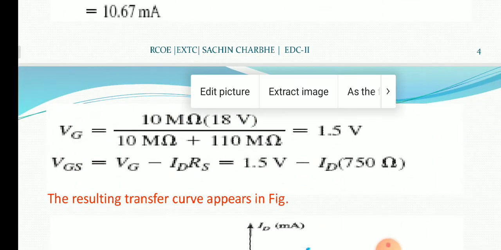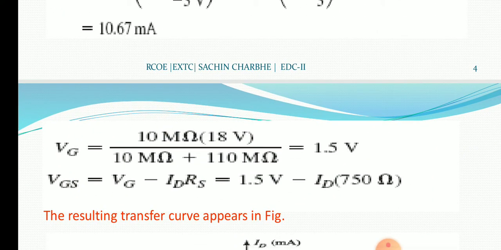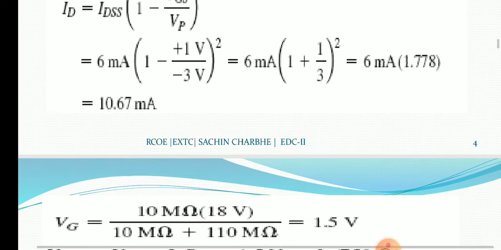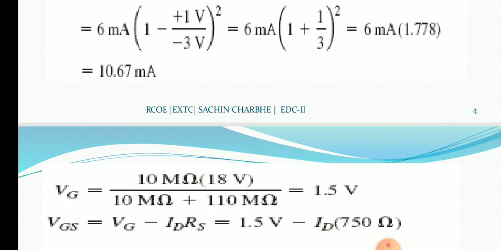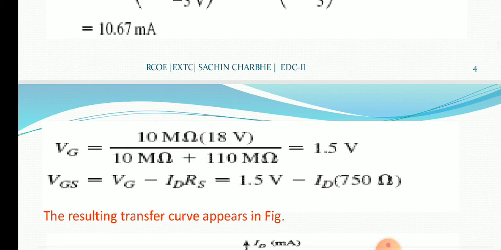Okay, now we calculate the VG. How to calculate the VG? We have to apply the formula R2 into VDD by R2 plus R1, the voltage divider rule. After putting in the values, we will get the value of VG. If you calculate the VG, you can easily calculate the VGS. What is VGS? That is the voltage between gate and source. It can be calculated as voltage at gate minus ID into RS.